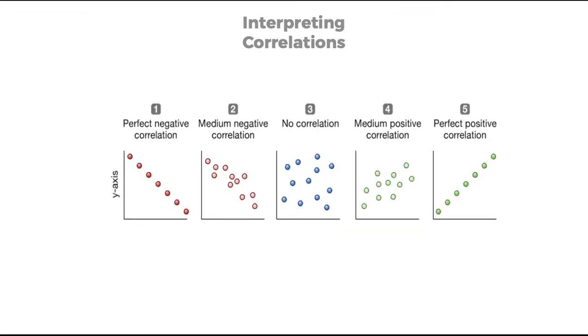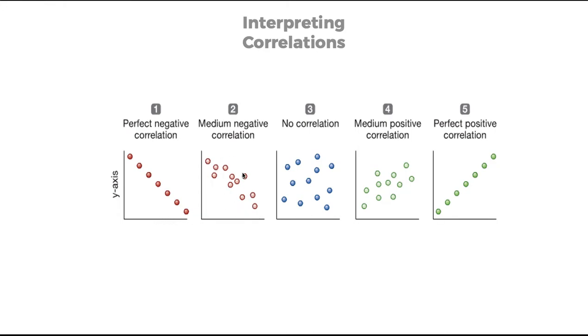So this gives you an example. This graphic is taken, I believe, from the textbook, and it gives us a representation of what a scatter plot might look like. Here we have what we would consider a perfect negative correlation. So this would be a -1 correlation. You can see as one variable goes up on the x-axis, the variables on the y-axis are decreasing.